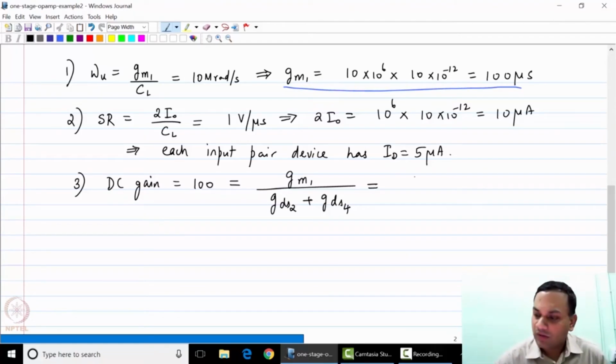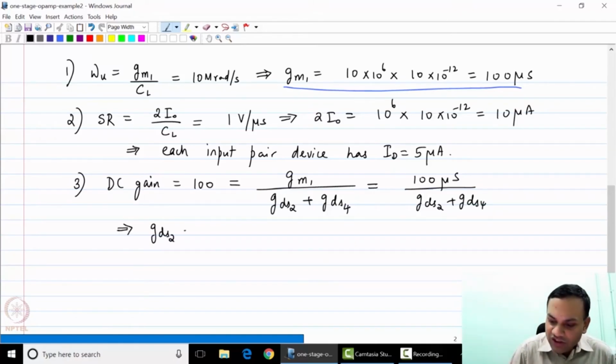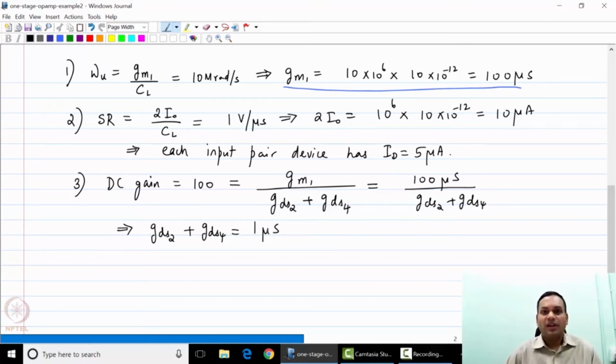So this is 100 microsiemens over GDS2 plus GDS4. And now this tells us that GDS2 plus GDS4 should be equal to 1 microsiemen.